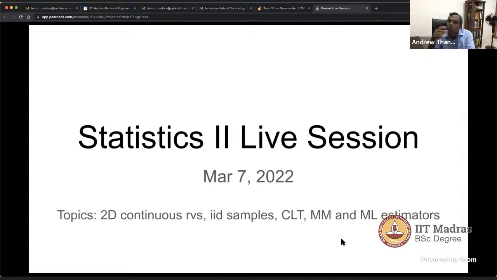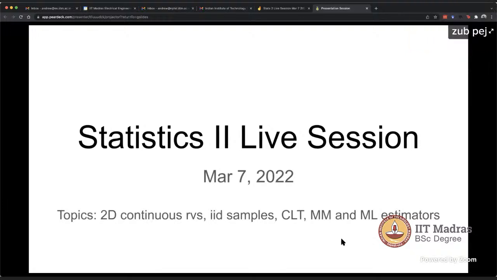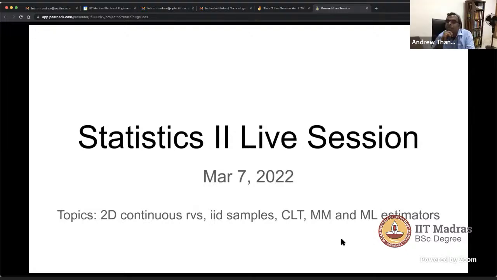Then what to do with IID samples? When you have IID samples and you have to do calculations of probabilities involving those, expectation, variance, and all that. That's one type of question. And then this central limit theorem and the normal approximation, when you have IID samples and you're adding them up or something like that. And then the final topic that's covered in the quiz is method of moments and ML estimation.